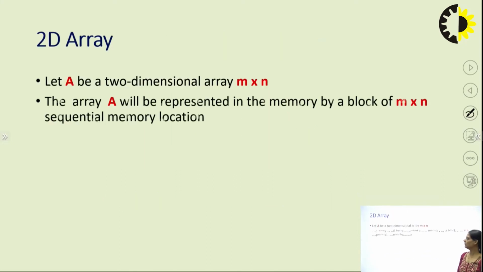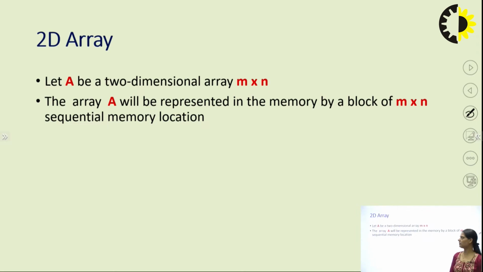Now, let A be a two-dimensional array having a total of m number of rows and n number of columns. If we have m rows and n columns, it means m cross n, that is m into n, is the total number of elements stored inside the two-dimensional array.